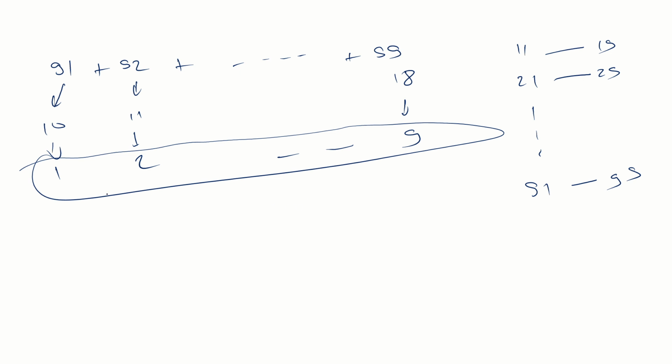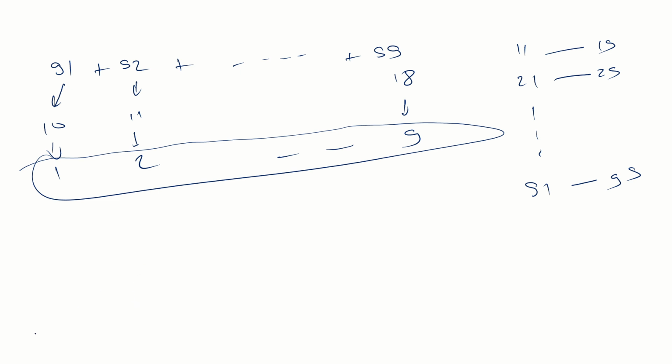On one hand, if you are starting with the larger values like 91, 92, then we will get the 10, 11. But at the same time, at the right side corner, we will get the summation values from 1 to 9.